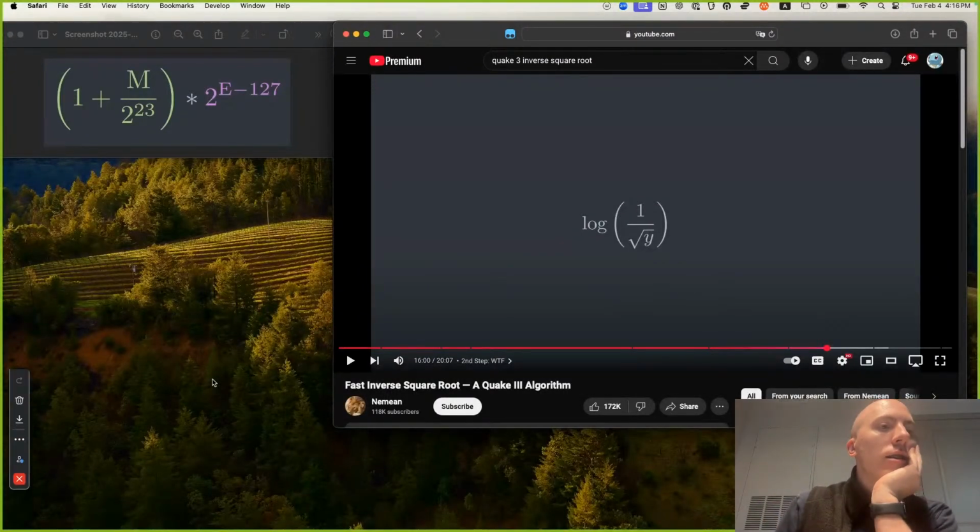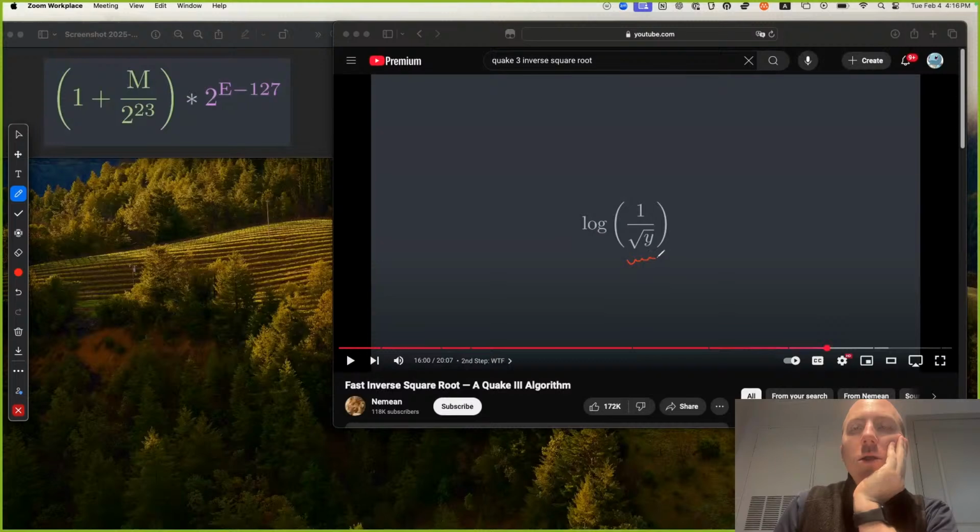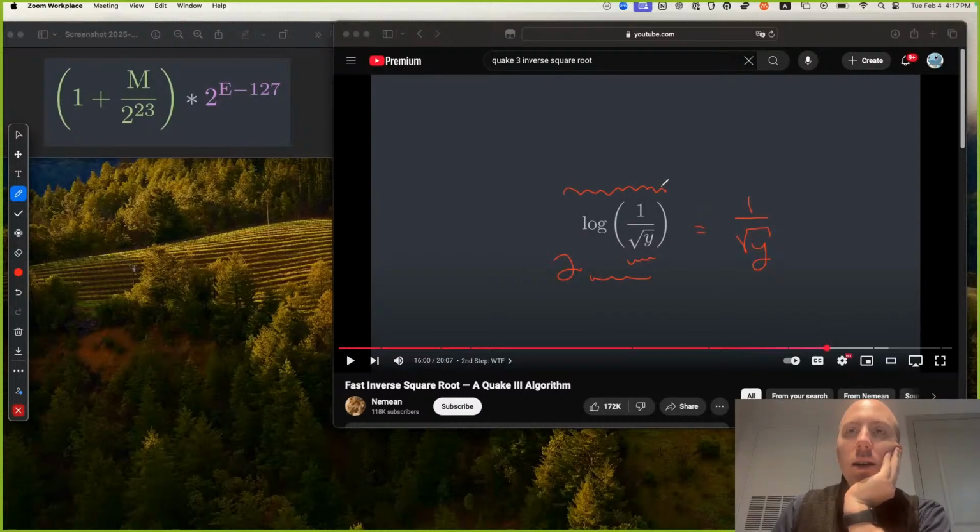All right, let's just think. So let's say we actually want 1 over the square root of y, and this log of 1 over square root of y is easy to compute. If you gave me this, I would just raise 2 to that power, and that equals 1 over the square root of y. So if that's what he's going for, he'll say, okay, it's easy to compute this thing, then how could you use this thing to compute what we actually want?